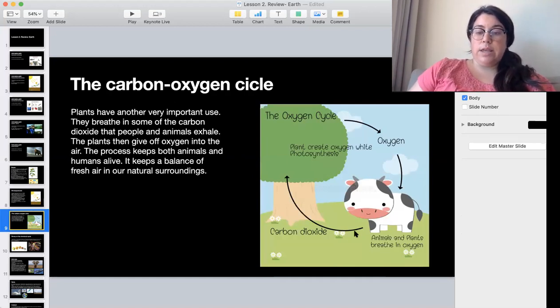Carbon dioxide is something that we give out when we breathe out, like this. When we breathe out, we give off to the atmosphere carbon dioxide, and animals too. And plants take that carbon dioxide and they make it a part of their photosynthesis. So it's a balance. We depend on each other.